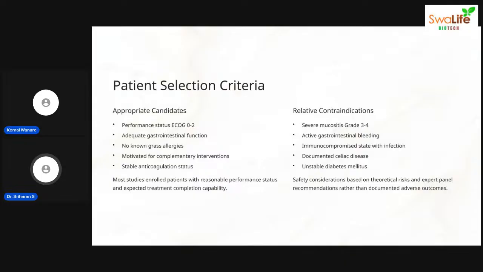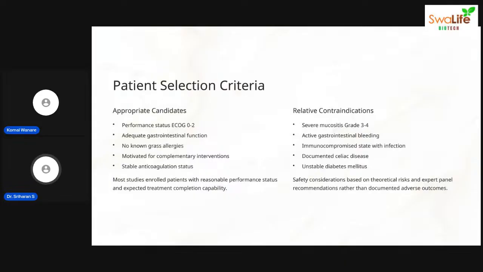How do we select them in a study? The Newcastle-Ottawa scale, and another is the Cochrane risk of bias tool, which is mostly used in RCTs. The Newcastle-Ottawa scale is mostly used in observational studies, and it is very important for evaluation. We also select people based on their performance status using ECOG, the Eastern Cooperative Oncology Group score, which is one type of score.